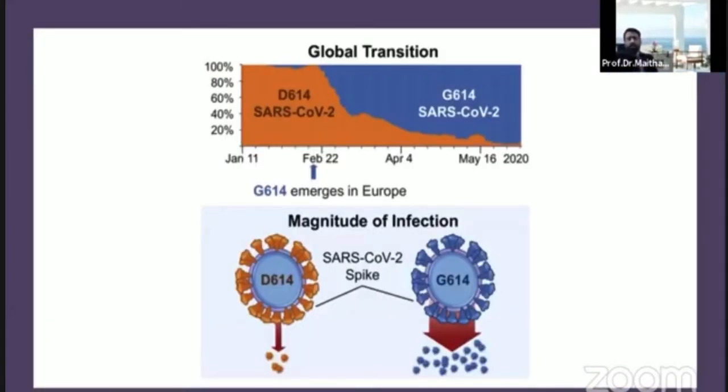There is some preliminary evidence that the G614 variant is more contagious. Scientists noticed a surge of cases in areas where the new strain appeared.